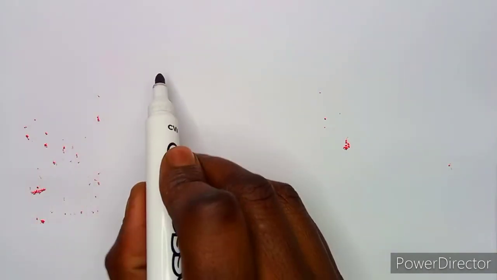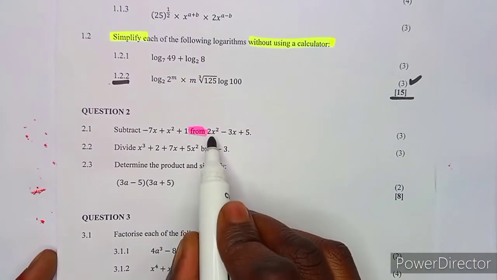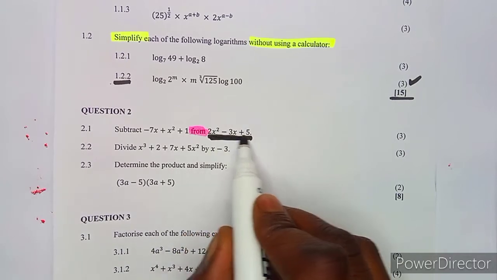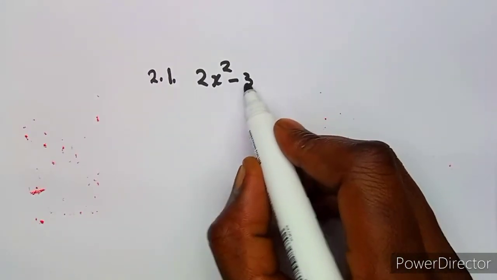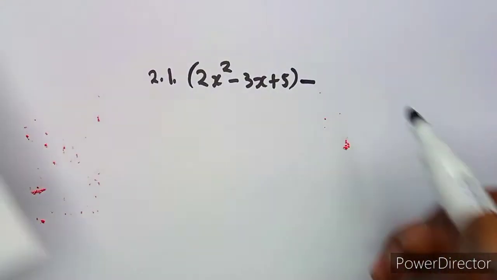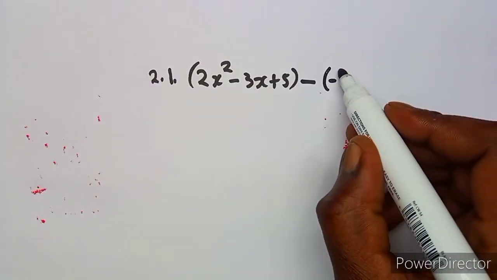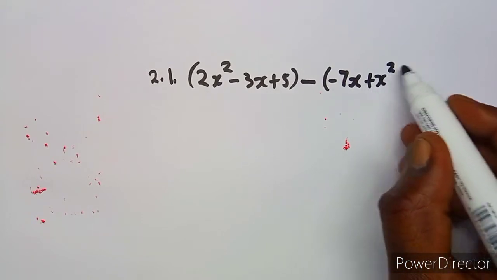So it's going to be 2.1. Like I said, it's going to be this expression here minus this. So we're going to start with this expression: 2x squared minus 3x plus 5, minus, and you subtract this expression, which is going to be minus 7x plus x squared plus 1.